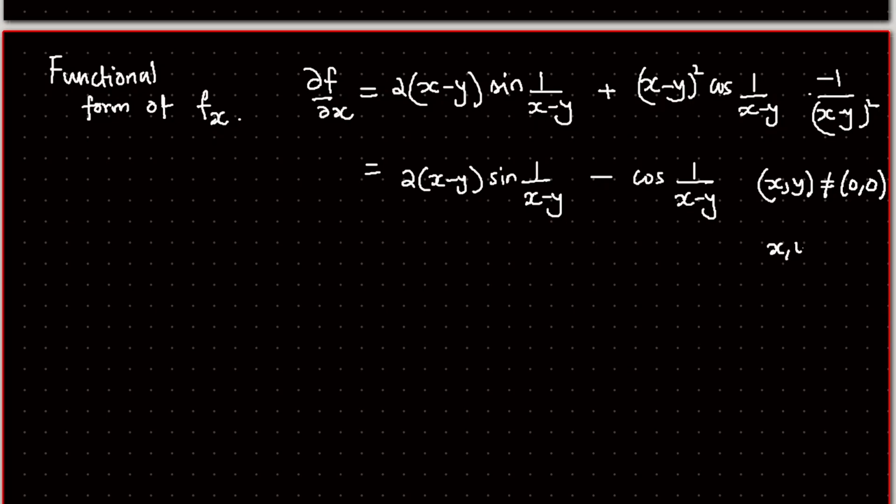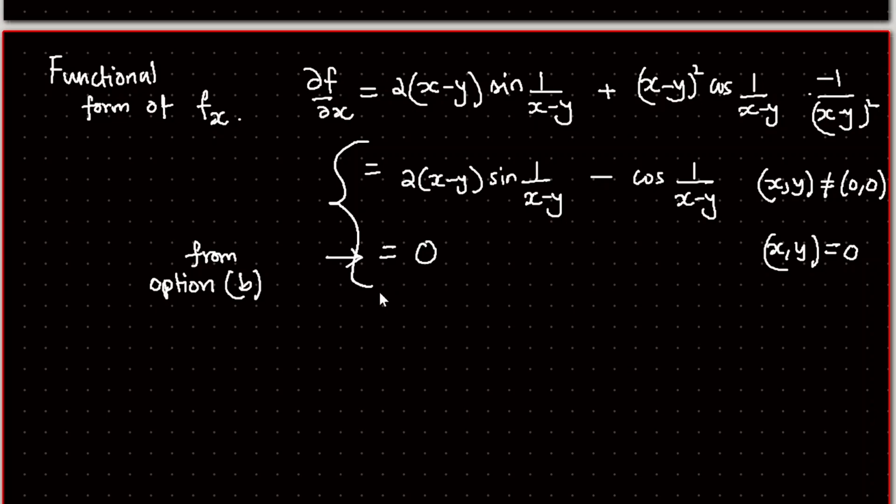And when (x,y) is the origin, this is 0, right? How do I get this? This was from option B. From solving option B, we observed that the partial derivative of f with respect to x is 0. So this is the functional form of the partial derivative. Now we have to check whether this is continuous at 0, right?